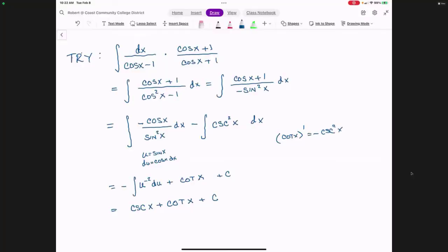Yes. So there's negative cosecant squared x. How about this? Plus negative. Okay, thank you. All right.